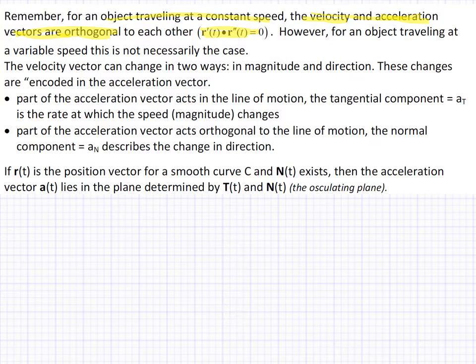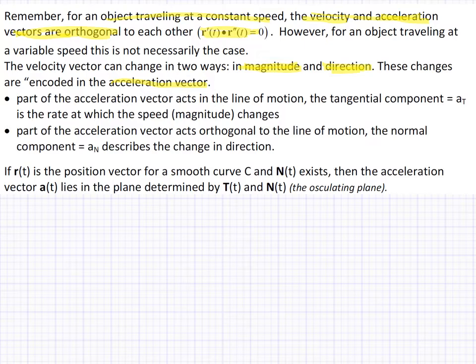But if we look at all these things as vectors, more specifically velocity and acceleration as vectors, vectors have two components. They have the magnitude and they have the direction. And if acceleration is telling you how the velocity is changing, and velocity is made up of two parts, magnitude and direction, then we need to figure out how the acceleration will tell us how each of those things is changing.